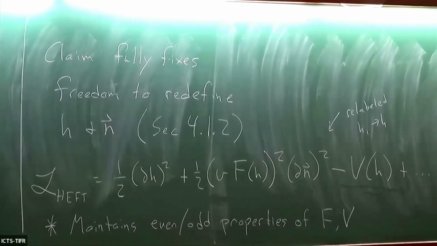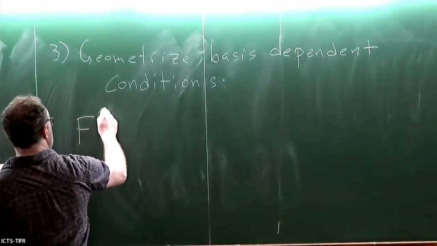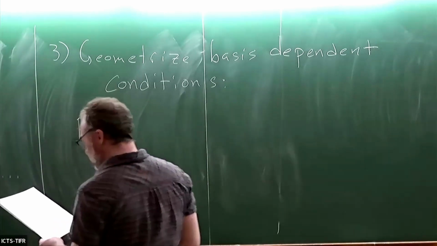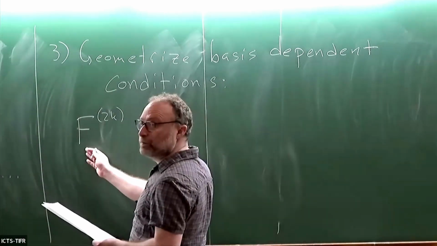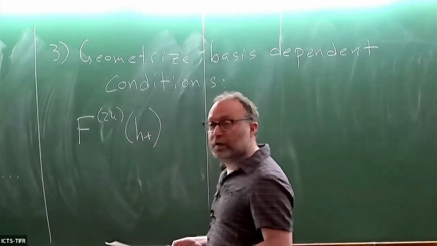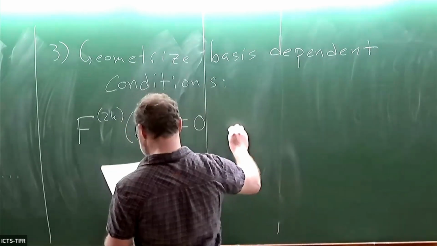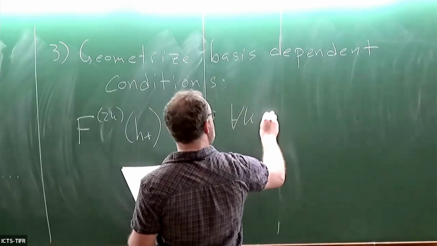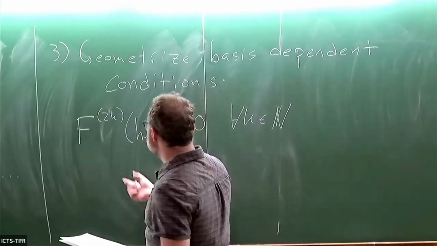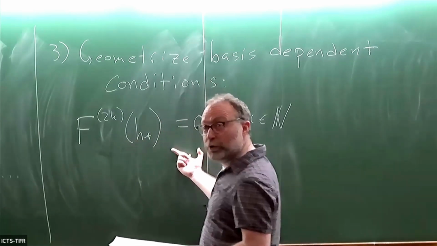So let me just tell you what this map is. Again, this is the thing we prove in this long appendix. We have the term f^(2k), the 2kth polynomial term in f, at the origin in field space, h star, the fixed point, equals 0 for all k in the natural numbers. So this is saying f is odd because all the even components of f are 0.